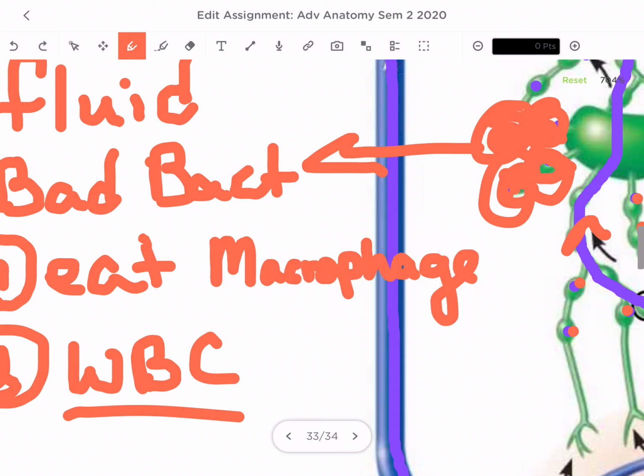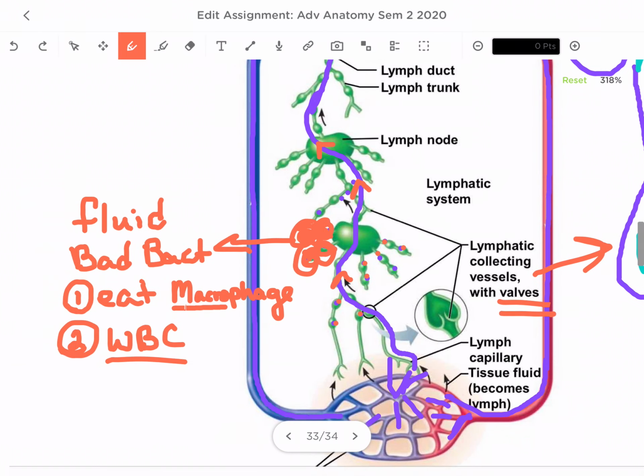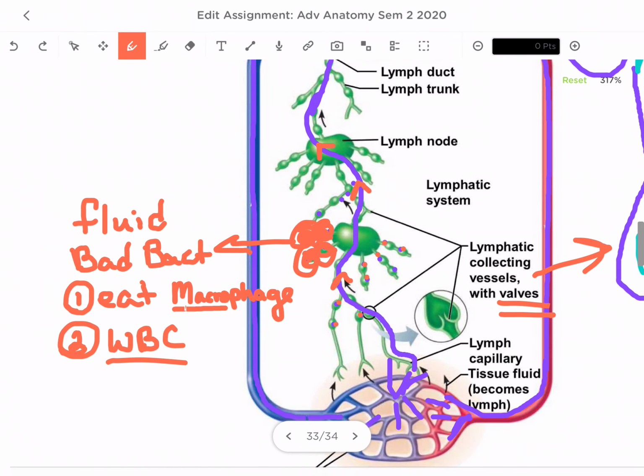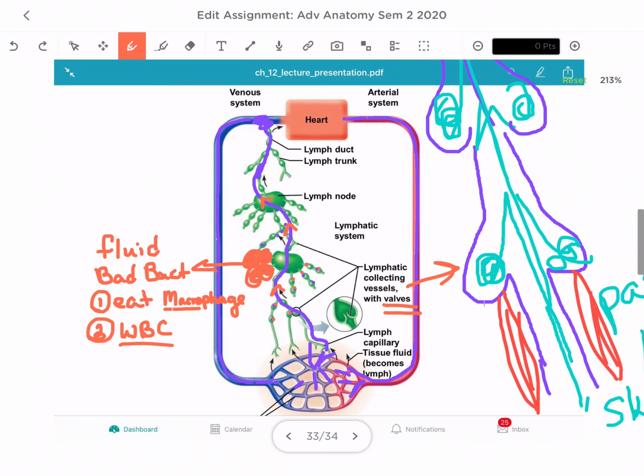Macro means big, and phage, if you remember, means to eat or destroy. So they literally eat or destroy the bacteria. So they're quarantined in here until the macrophages eat them or destroy them, or the white blood cells come and destroy them as well. So either of those two things happen. But that's how the lymphatic system and immunity work together.